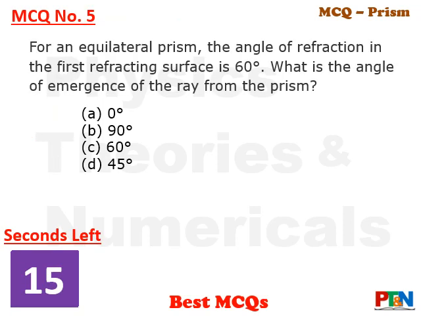Next MCQ. For an equilateral prism, the angle of refraction at the first refracting surface is 60 degree. What is the angle of emergence of the ray from the prism? Four options: 0 degree, 90 degree, 60 degree, 45 degree.